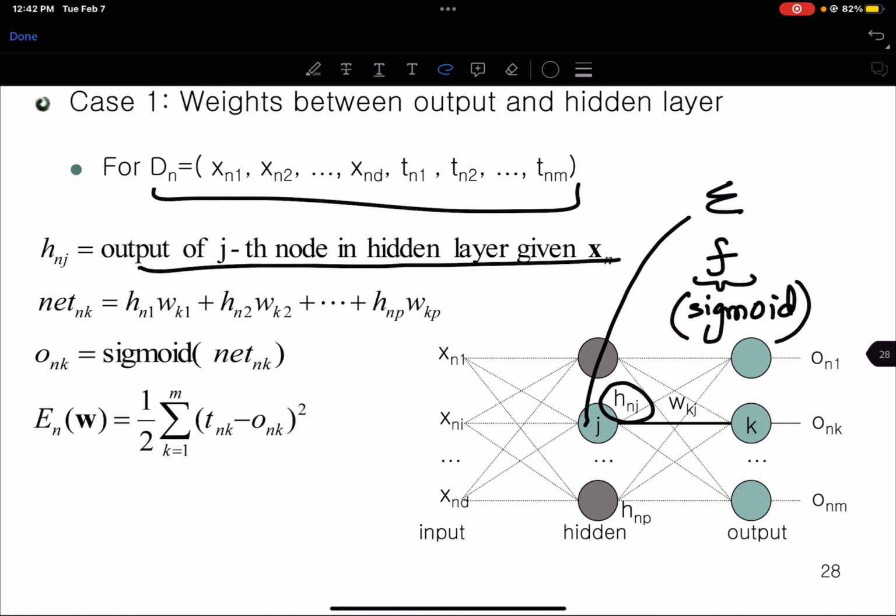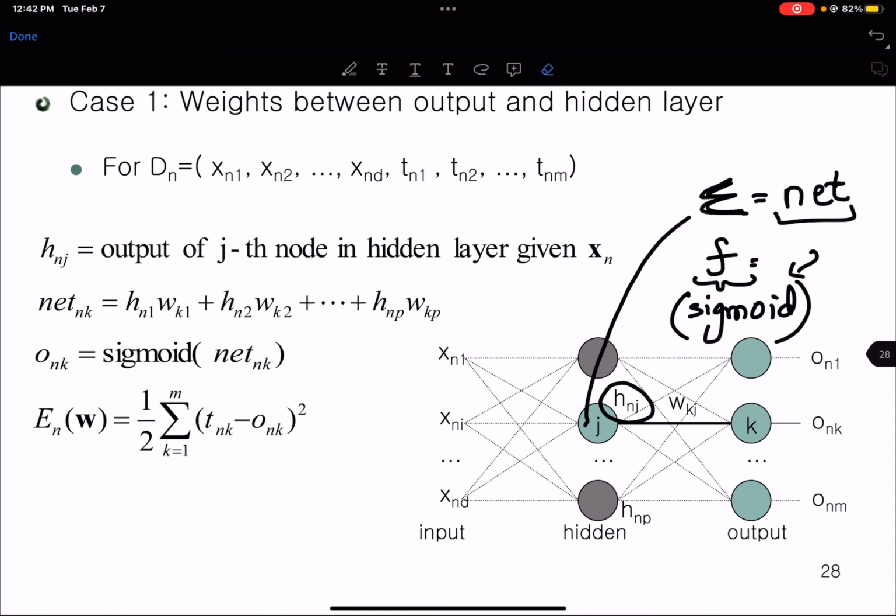Okay, so the first part is the summation. We are calling this summation part net and our f function sigmoid, for the sake of simplicity and understanding.